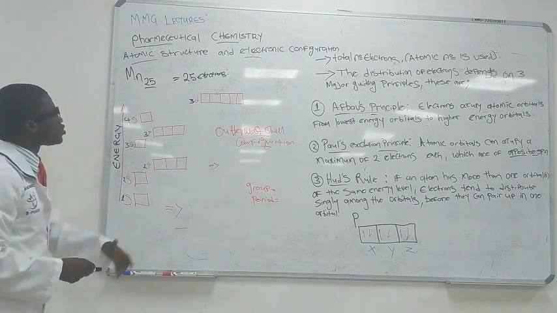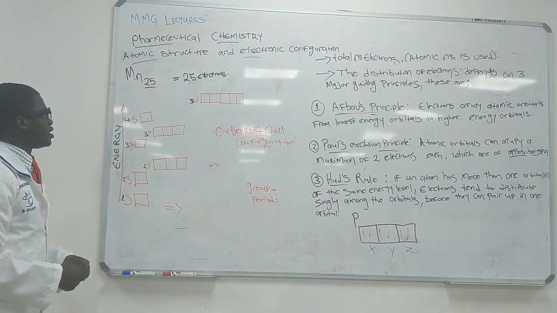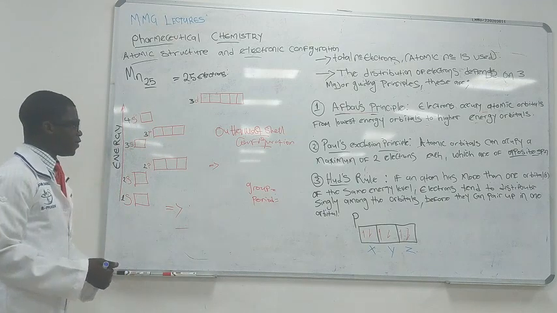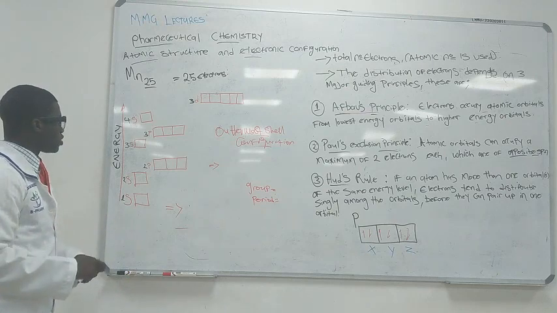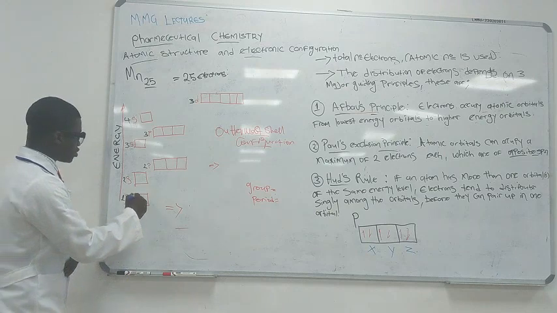So let's fill these 25 electrons starting from the lowest energy respectively to higher energies. Follow through as I fill these atomic orbitals starting from the lowest energy orbitals. So let's take count of electrons as we move.